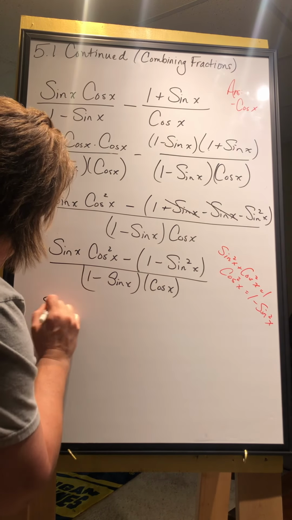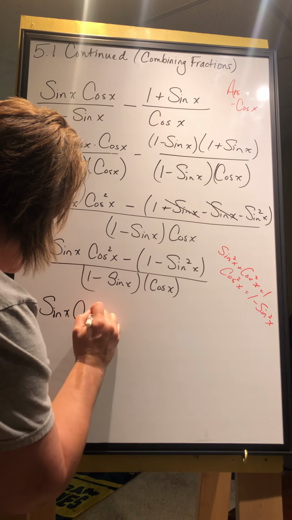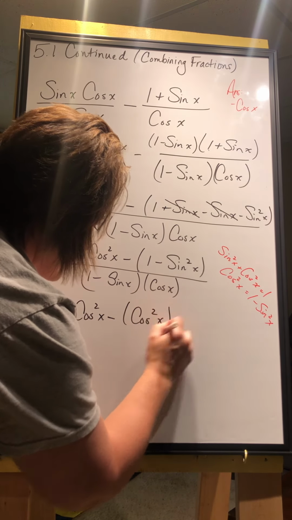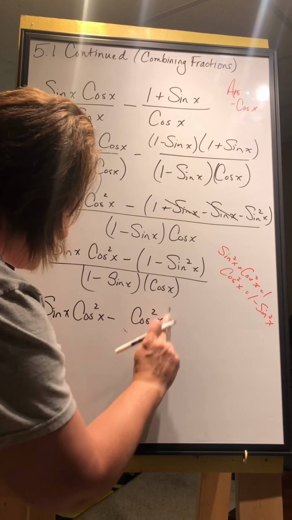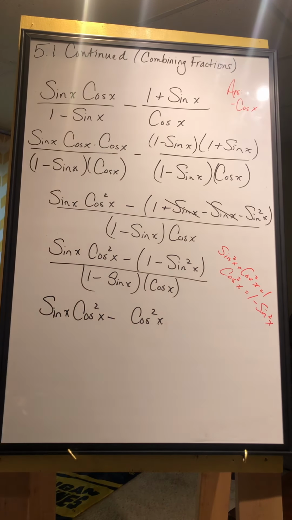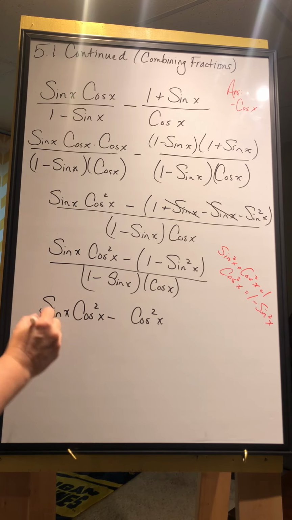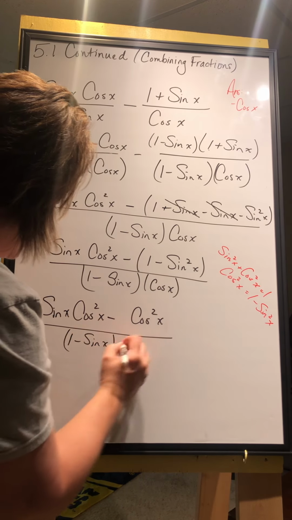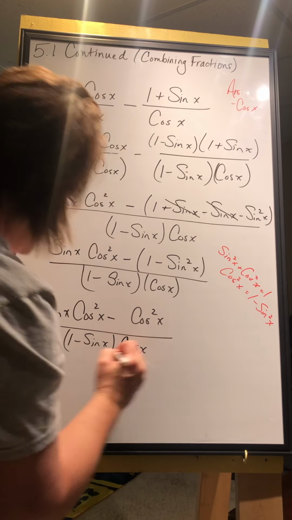So sine x cosine squared x minus cosine squared x. And really I can get rid of my parentheses here because I only have one term and it's not doing anything. Over 1 minus sine x times cosine x is my denominator.